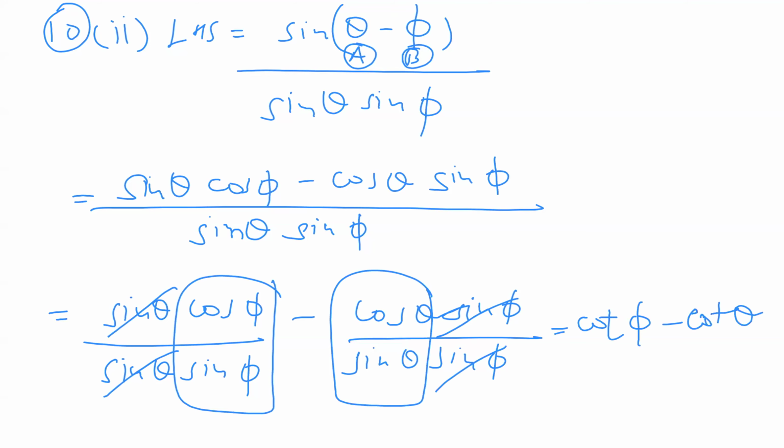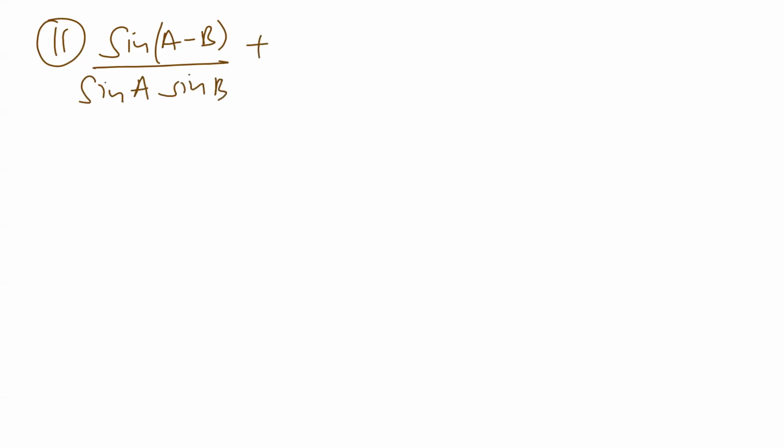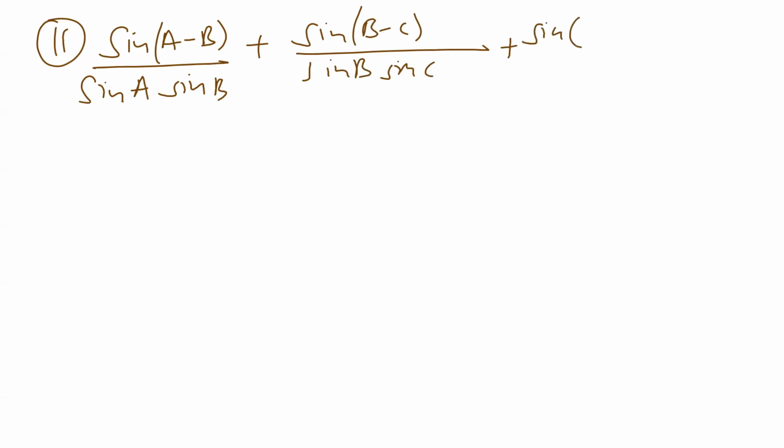Let's go to question number 11. So we need to prove this: sin A minus B upon sin A sin B plus sin B minus C upon sin B sin C plus sin C minus A upon sin C sin A equal to 0.